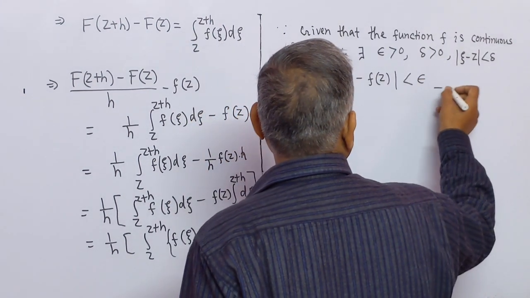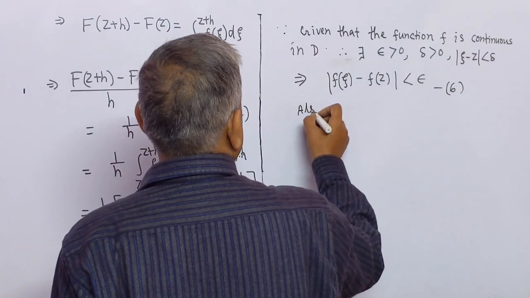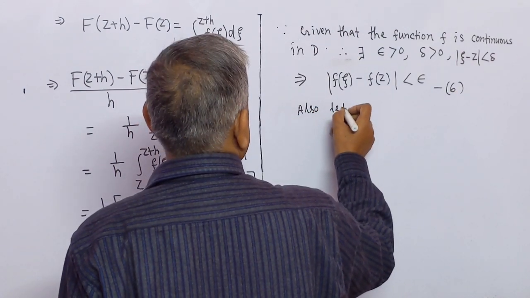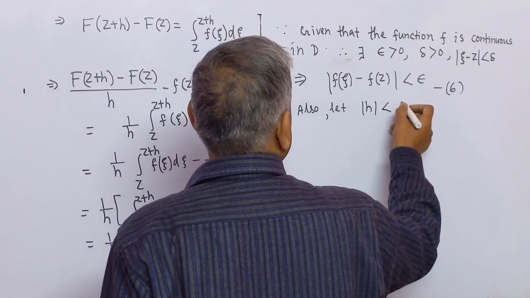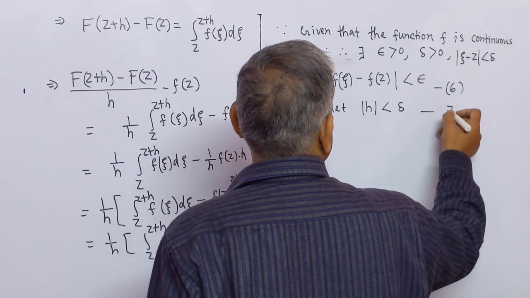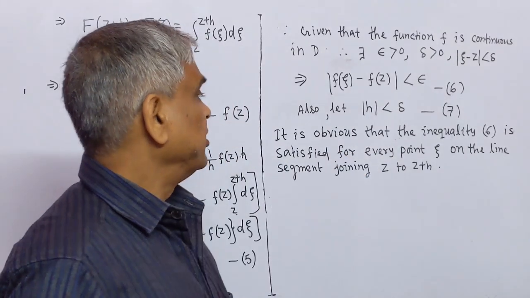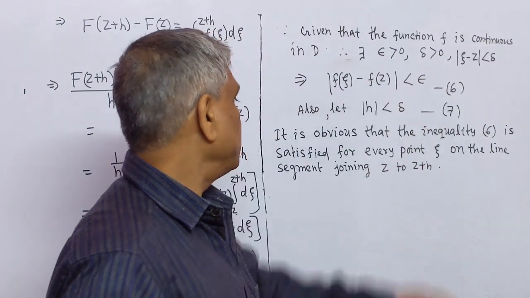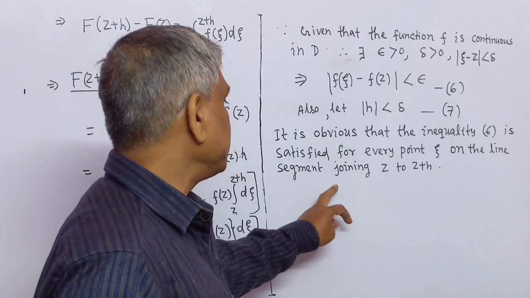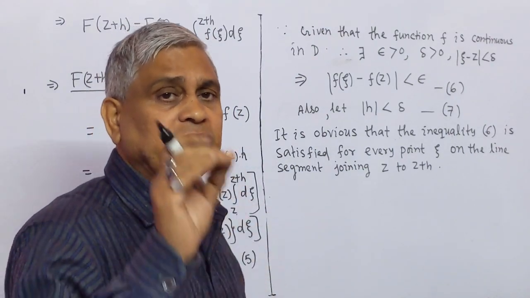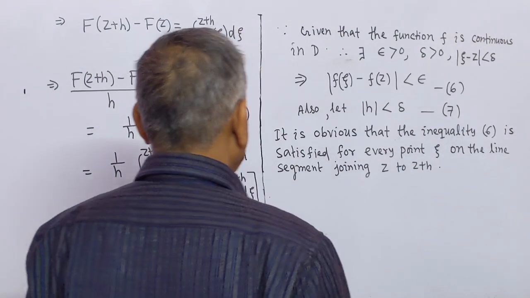Let this be number 6. Also, let modulus of h be less than delta. It is obvious that inequality 6 is satisfied for every point xi on the line segment joining z to z plus h.